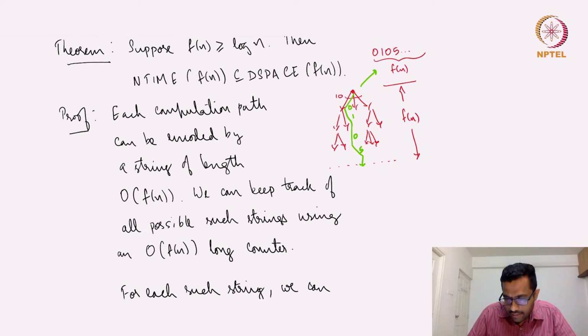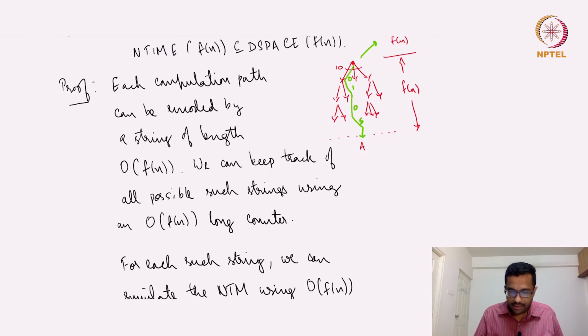It can check whether taking the 0th branch, first branch, 0th branch, 5th branch, and so on leads to accept or not. If any of these paths accept, then the machine also accepts. So the deterministic simulation is simply to check all these different branches.